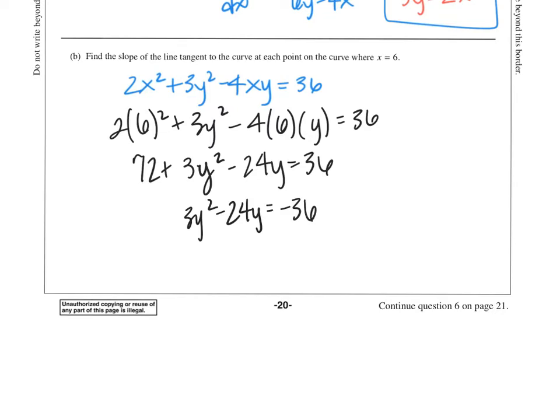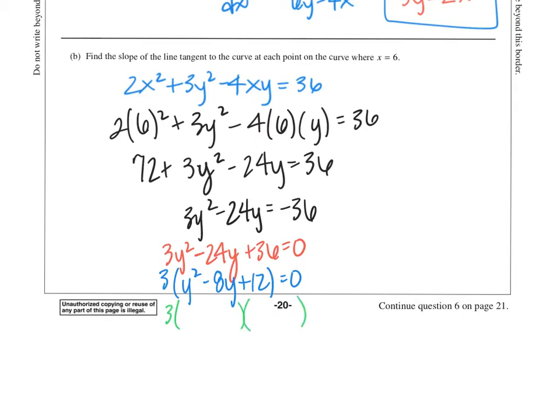I am trying to solve for y. Since this is a quadratic, we're going to have to set it equal to 0, so I'm going to add my 36 over. Instead of factoring it now, I'm going to factor out the GCF, which is a 3, so then I can just factor this knowing that it's just a positive 1y squared.